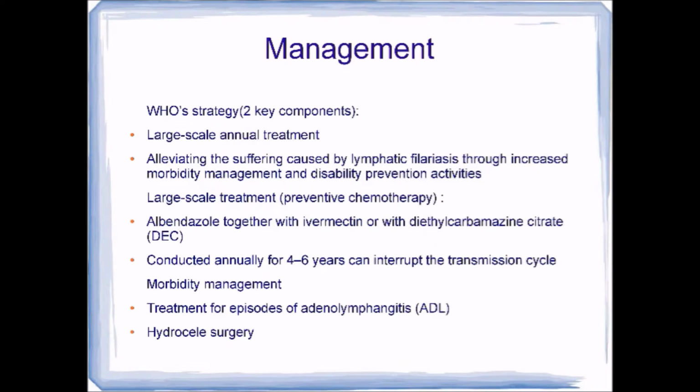To manage lymphatic filariasis, WHO provides a strategy with two key components, which are stopping transmission through large-scale annual treatment of all eligible people in an area or region where infection is present, and also alleviating the suffering caused by lymphatic filariasis through increased morbidity management and disability prevention activities.